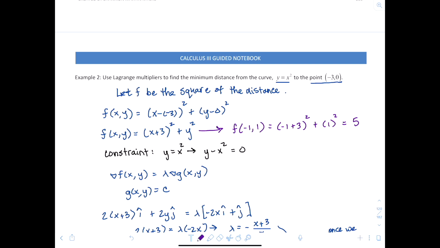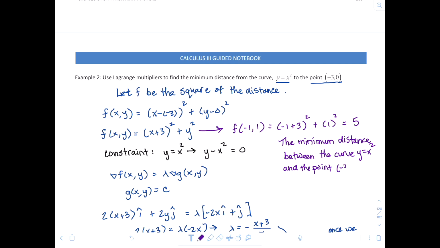So the minimum distance between the curve y equals x squared and the point negative 3, 0 is the square root of 5 units.